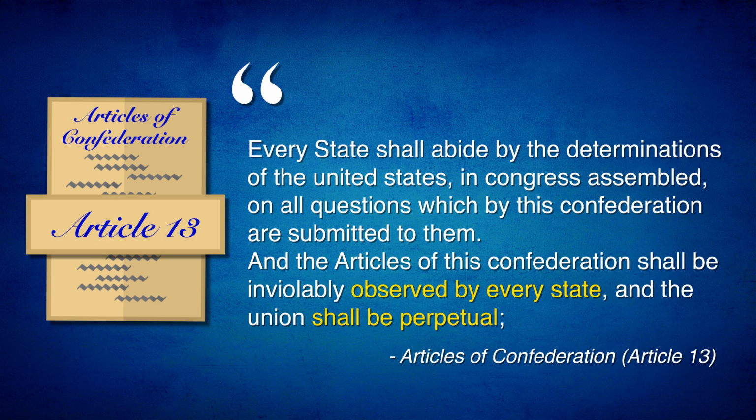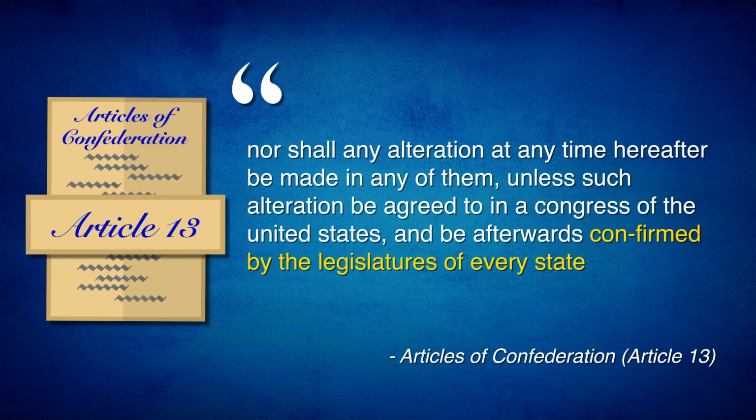"Every state shall abide by the determinations of the United States in Congress assembled on all questions which by this Confederation are submitted to them. And the articles of this Confederation shall be inviolably observed by every state, and the Union shall be perpetual. Nor shall any alteration at any time hereafter be made in any of them, unless such alteration be agreed to in a Congress of the United States and be afterwards confirmed by the legislatures of every state."